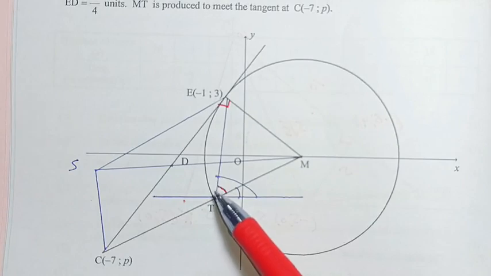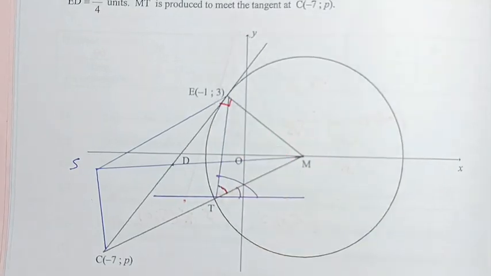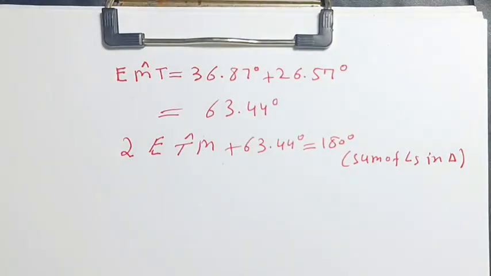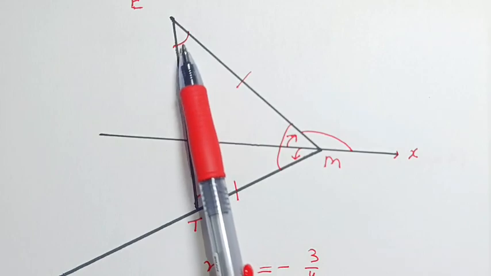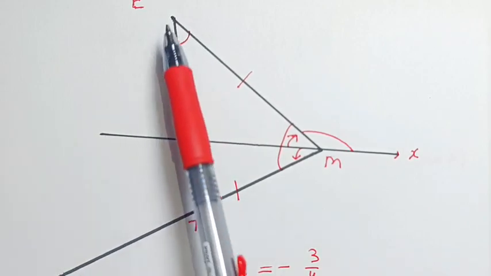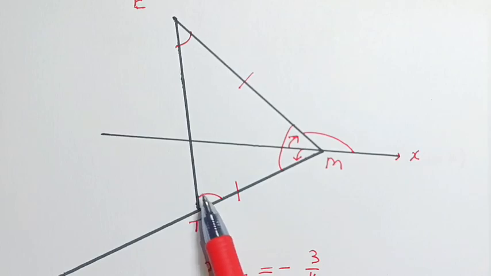Because whatever angle is here at T, that's the same angle at E. So whatever this angle is, the same angle is this one. They are the same. That's why I say 2 times ETM.